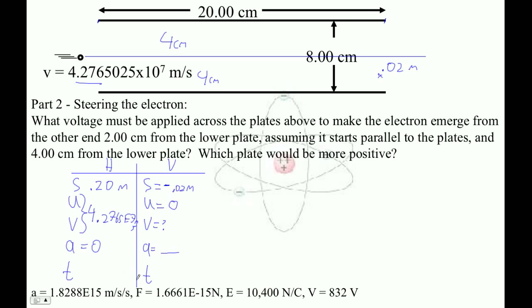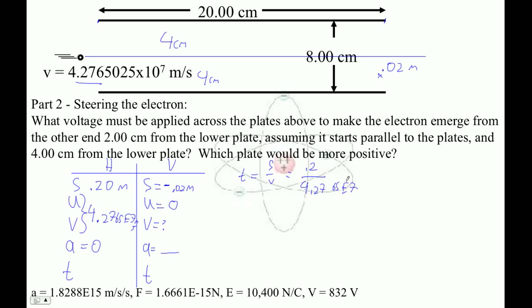So I'm going to find the time in the horizontal direction. I can find the time here by going x or s divided by v, right? So it's 0.2 divided by 4.2765 E7.